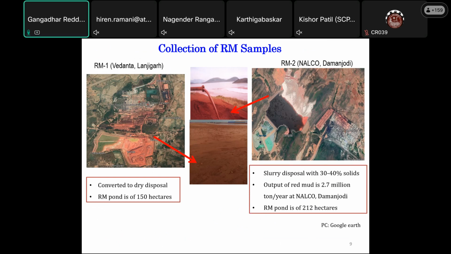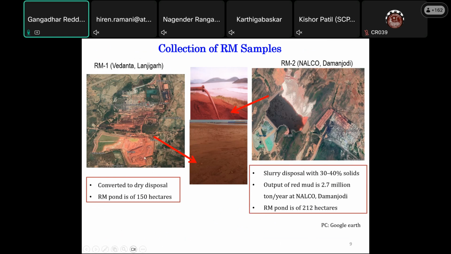I have been to both sites to collect samples myself, and we have also done geotechnical investigation completely on the pond, to see what is happening over a long time, and what the red mud characteristics are. But I have not presented those things because we got some consultancy work from a company, from Vedanta, so I am not supposed to disclose those results.